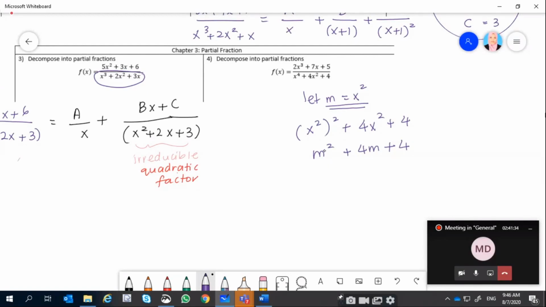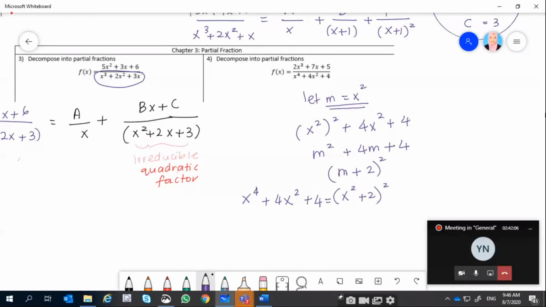Can you factorize it now? Yes, it becomes m plus 2 squared. Let's substitute back m with x squared. So this is how to factorize x power 4 plus 4x squared plus 4, which equals x squared plus 2 to the power of 2.